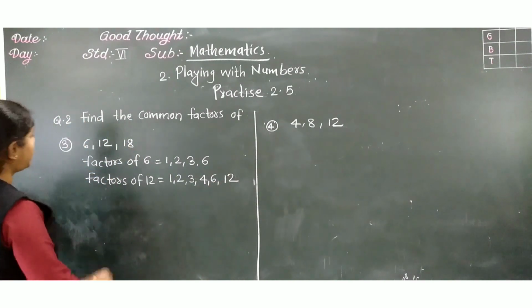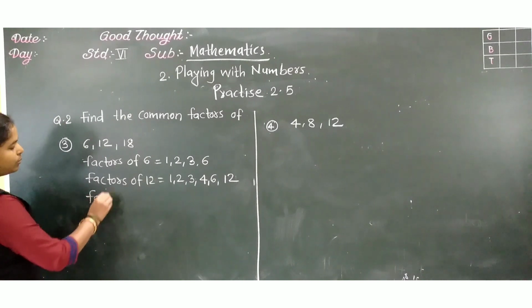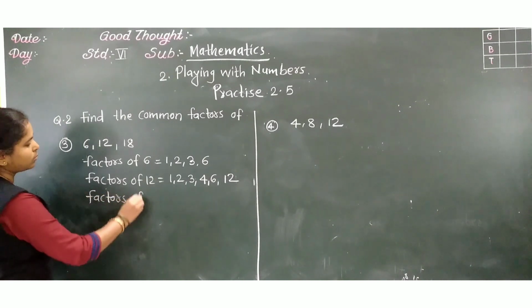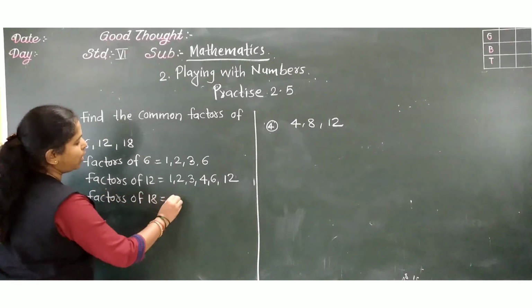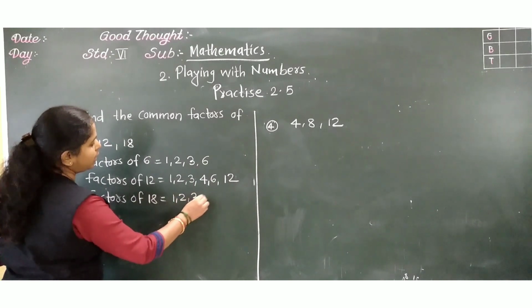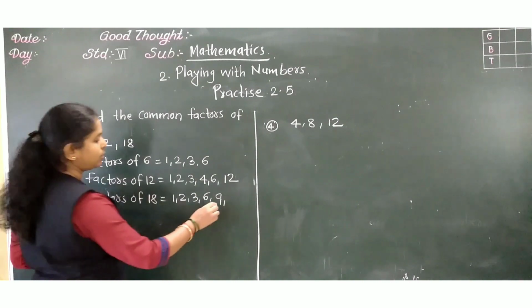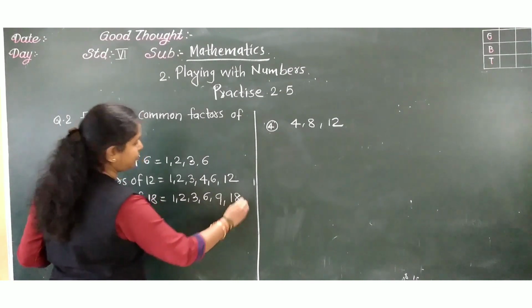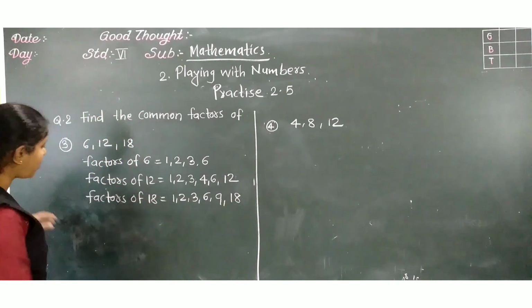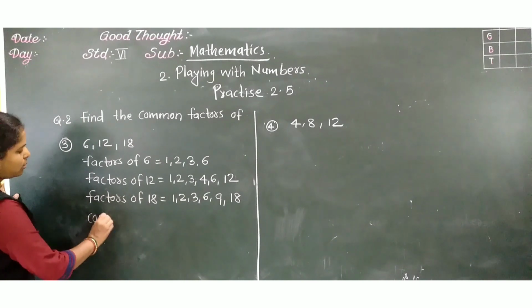Okay. Next, factors of 18. 1, 2, 3, 6, 9 and 18.